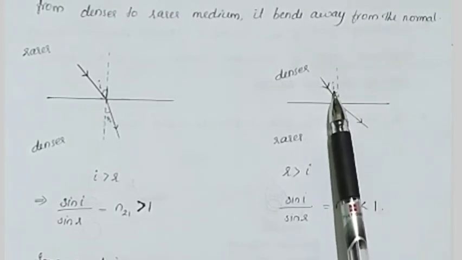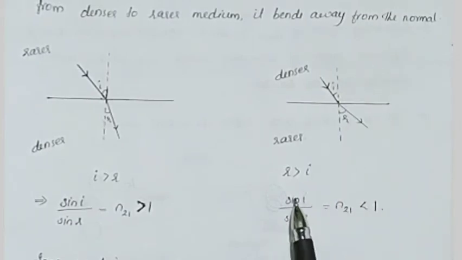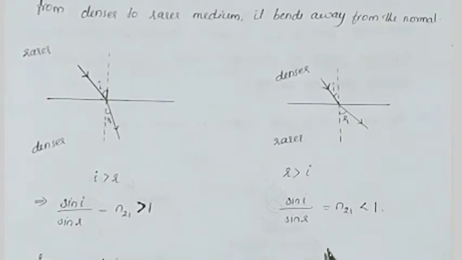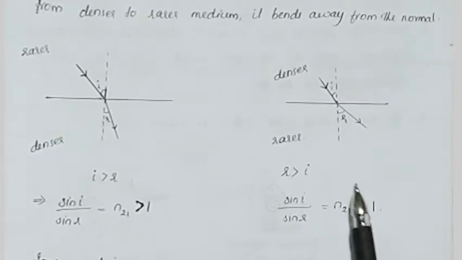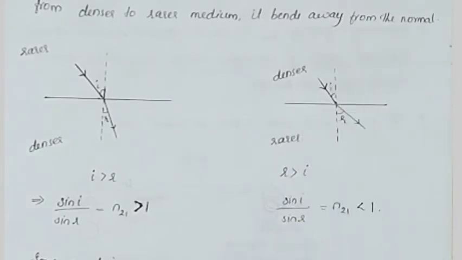That is, the angle of incidence will be less than the angle of refraction. Therefore, sin i by sin r will be less than 1, that is, the refractive index of the second medium with respect to the first will be less than 1. When it is less than 1, we can conclude that the second medium is rarer and the first medium is denser.